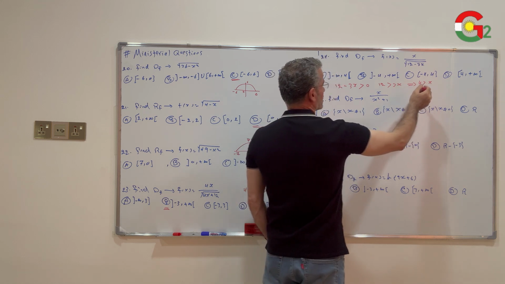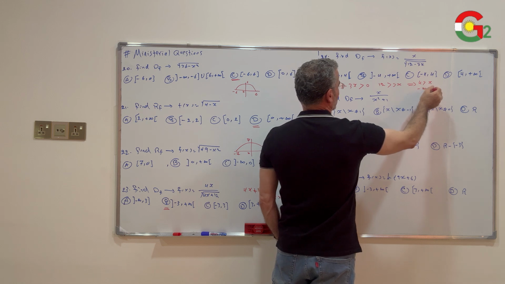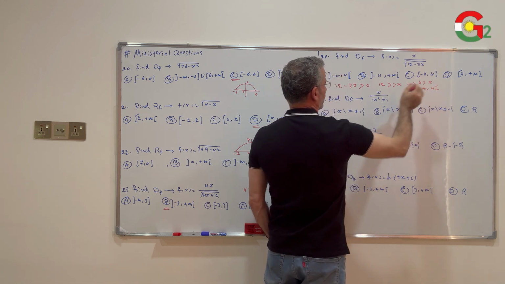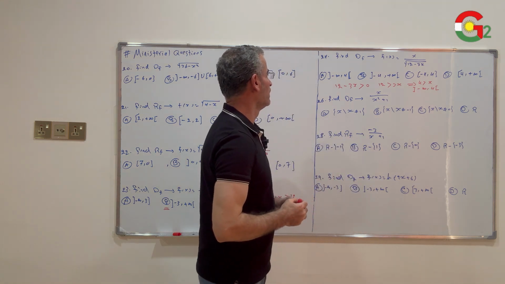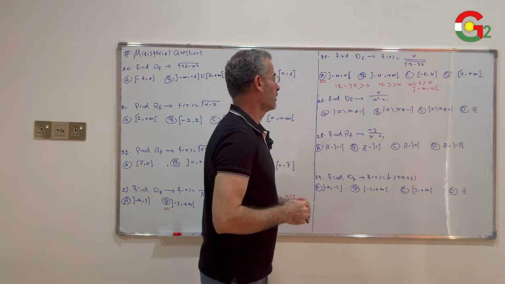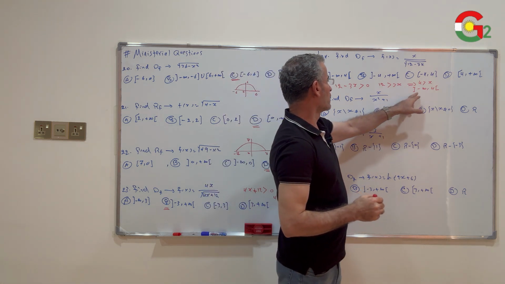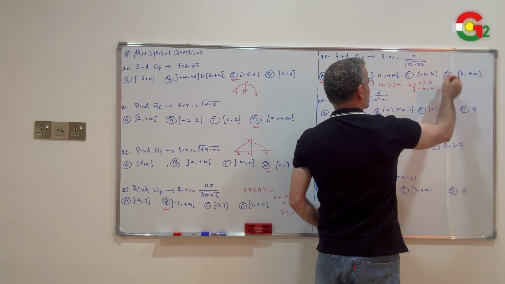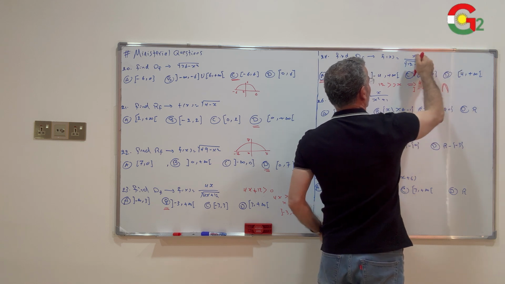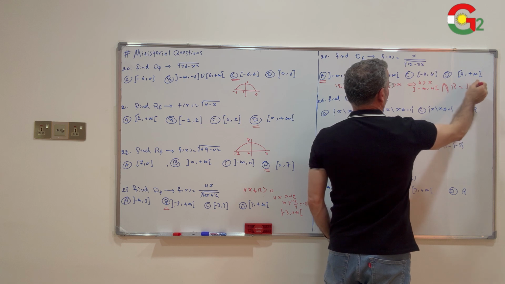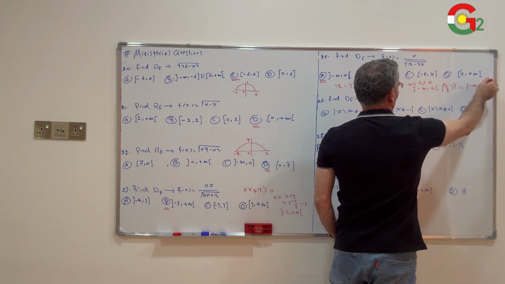The domain is negative infinity to 4, open bracket at 4, open bracket at negative infinity. Negative infinity to 4 is choice number A. Of course, I take the intersection of negative infinity to 4 with the domain of the numerator, R. The answer will be negative infinity to 4.